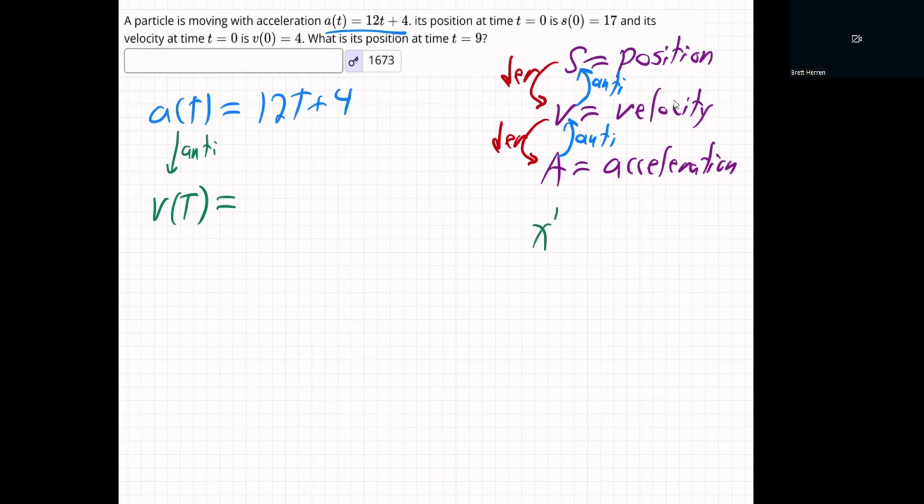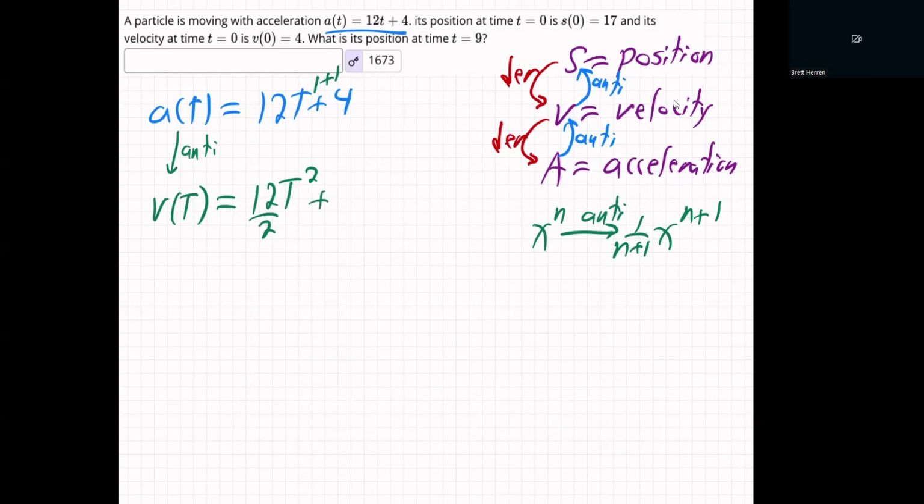You remember x to the n, the antiderivative, it's the opposite of the derivative. So you add 1 to the power instead of subtracting 1, and you divide by that number in the front instead of multiply. Okay, and so this is a 1 power. So I'm going to add 1, so bring the 12 down, add 1, that'll become t squared, and then divide by that number.